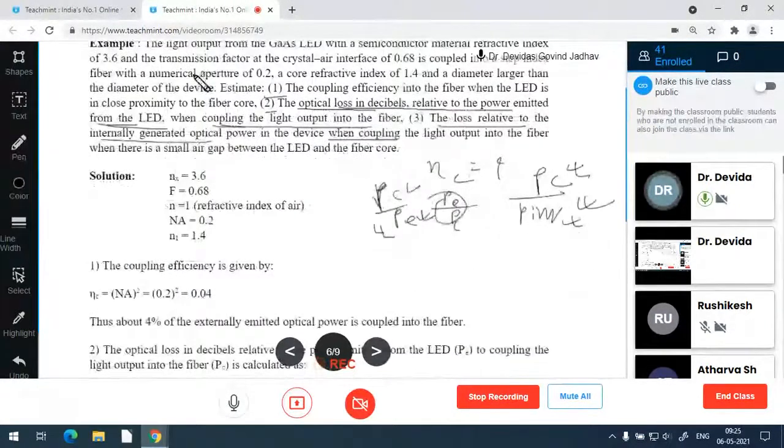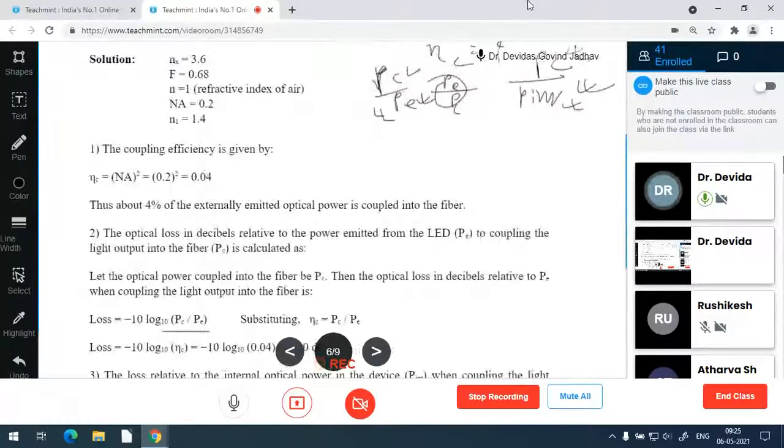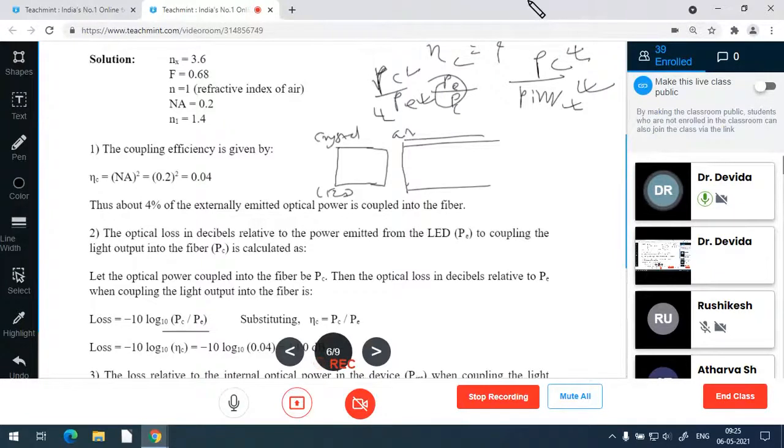So why do we have to study this problem? Let us check very quickly. There is a crystal, a semiconductor crystal, or we can say LED. There is air, and there is an optical fiber with core area sufficiently larger than the device.